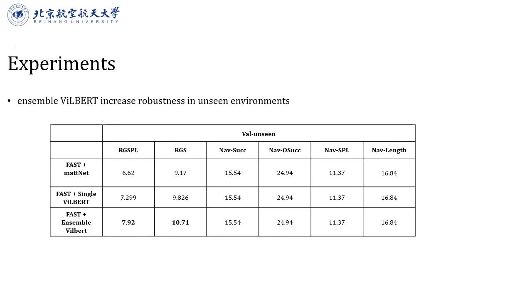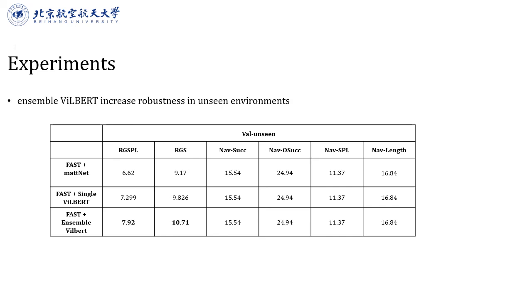And then we do experiments on the predicted endpoint of navigation by FAST. We can see that if we use a single ViLBERT, it outperforms the MattNet in the baseline.